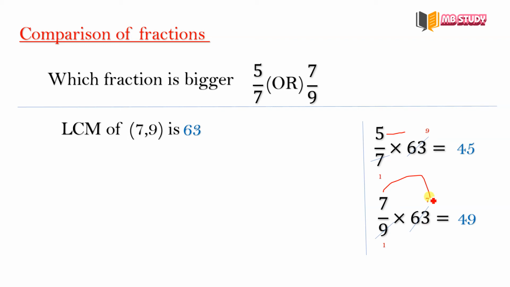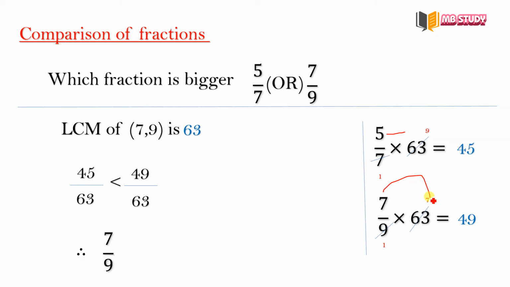So our fractions are 45/63 and 49/63. Why do we use less than here? If the denominators are equal, we simply compare the numerators. 45 is less than 49, so the fraction 49/63 is greater than 45/63.